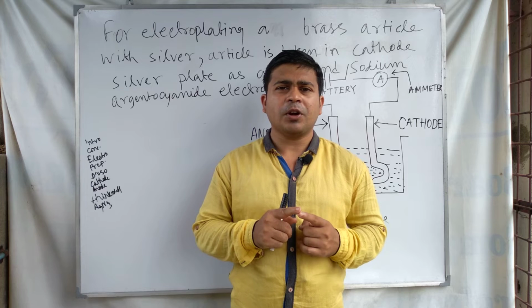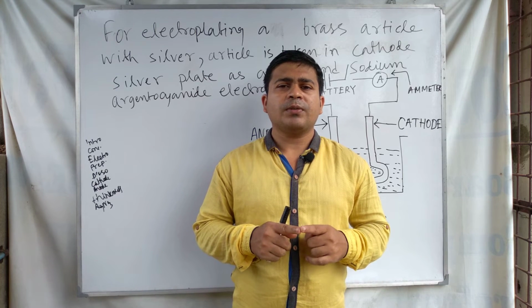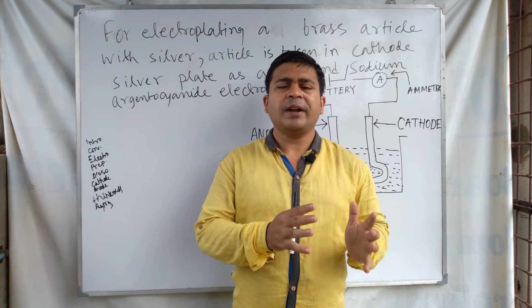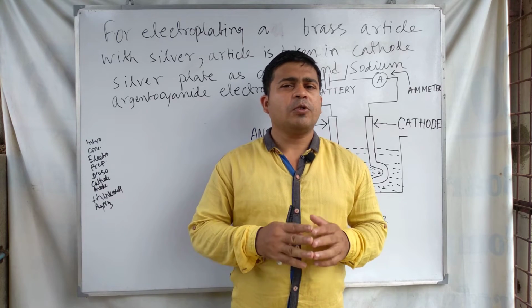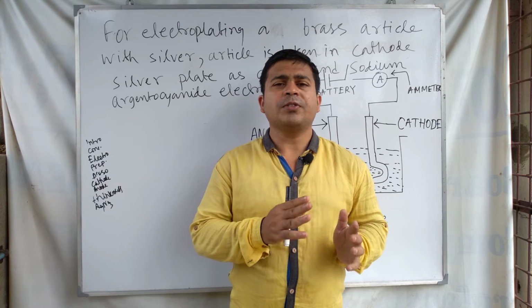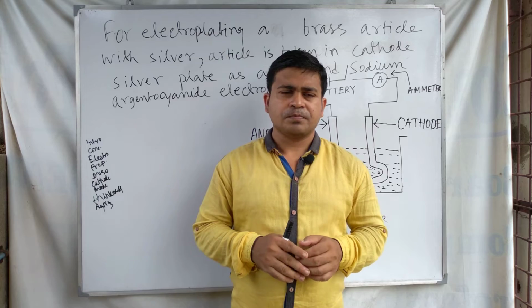For the decoration purpose we electroplate the metal. Another purpose is to prevent the metal from rusting or corrosion, so we electroplate one metal with another metal. These are the main two reasons for electroplating one metal article with another metal.